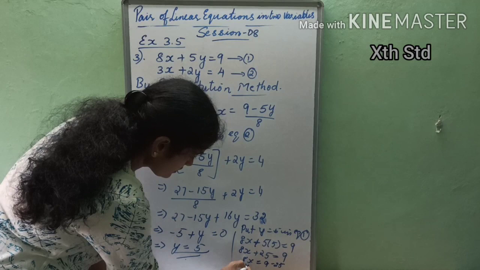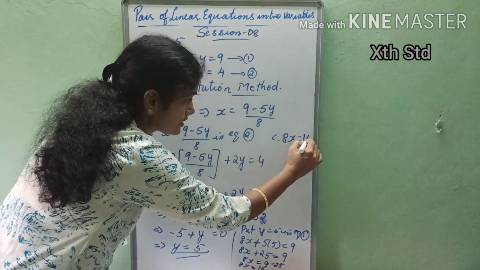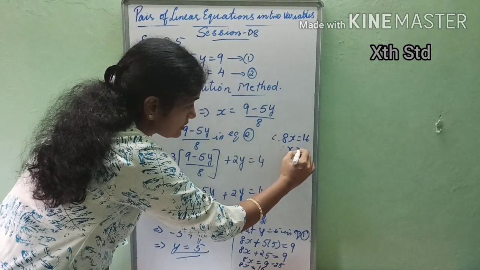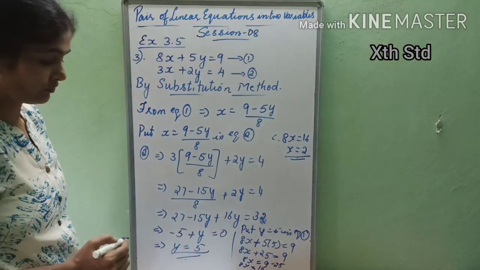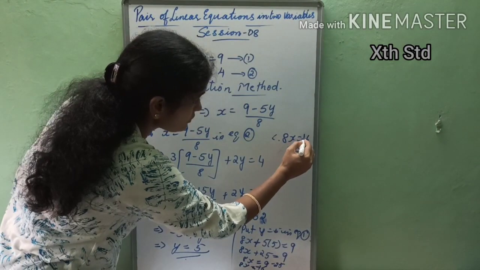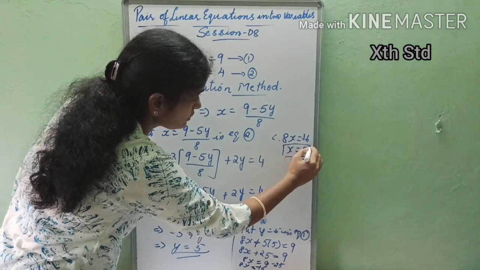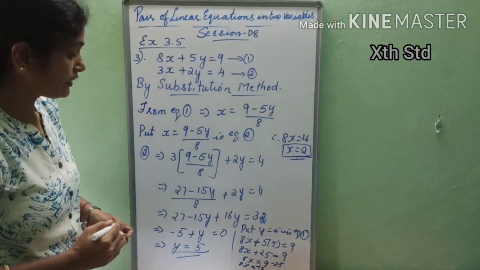So 8x is equal to minus 16. So here also it is minus 16. So x is equal to minus 2. The value of x is minus 2 and y is 5.